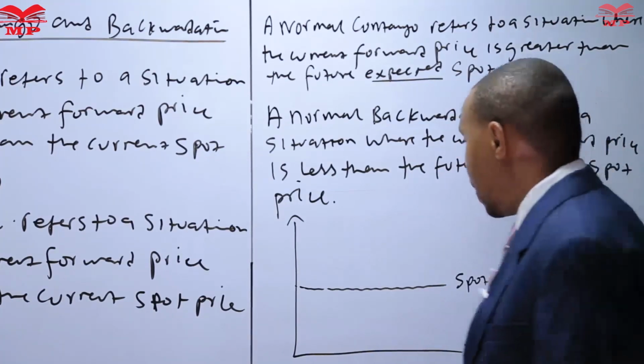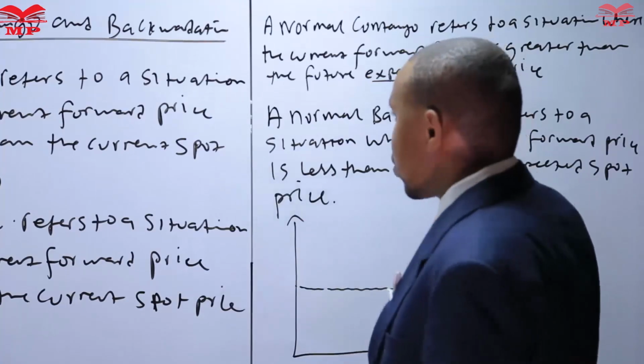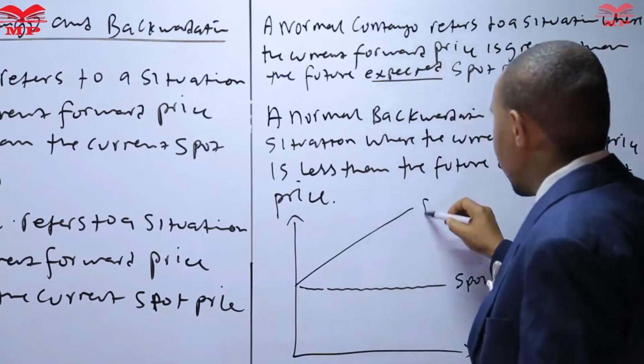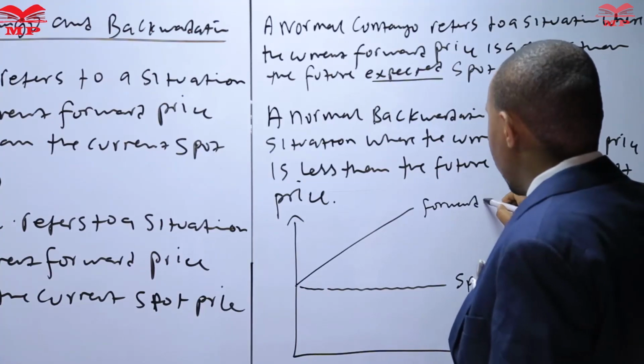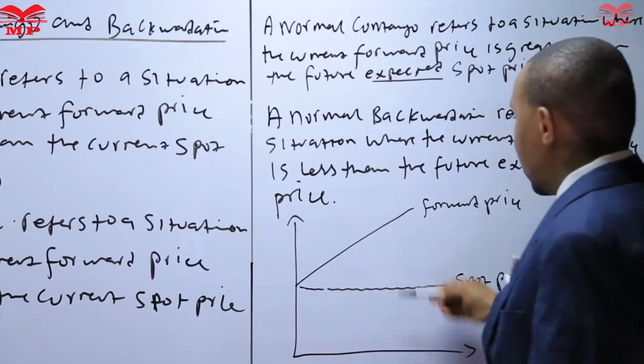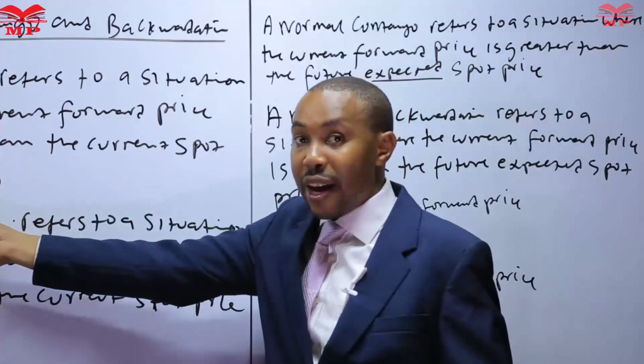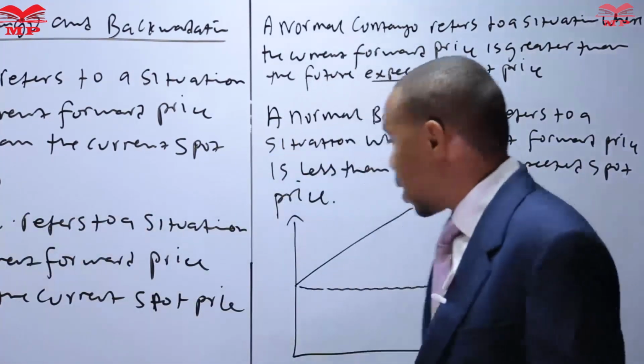Now, if you're saying contango, of course you expect the forward price to be higher. Forward price is greater than the spot price. That is what we've demonstrated right over here. And this is very significant.